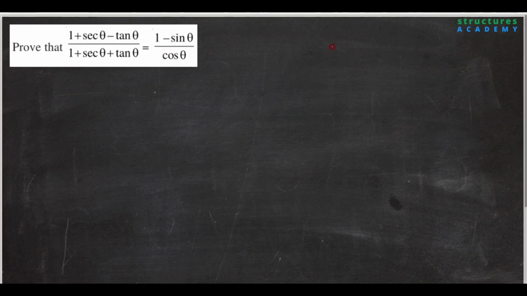So there are two important things that one must recall, and I have mentioned this in one of my earlier videos. Sec²θ − tan²θ is equal to 1, which means (sec θ − tan θ)(sec θ + tan θ) is equal to 1.